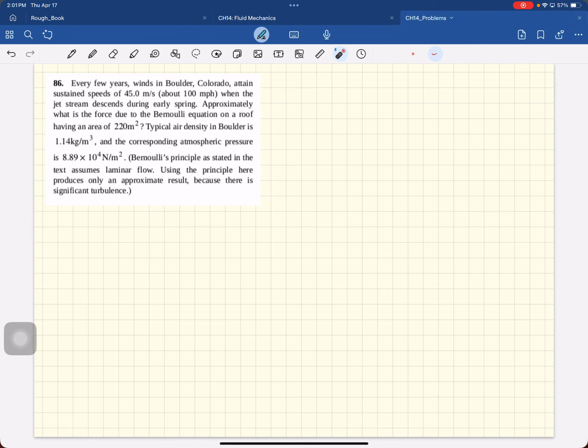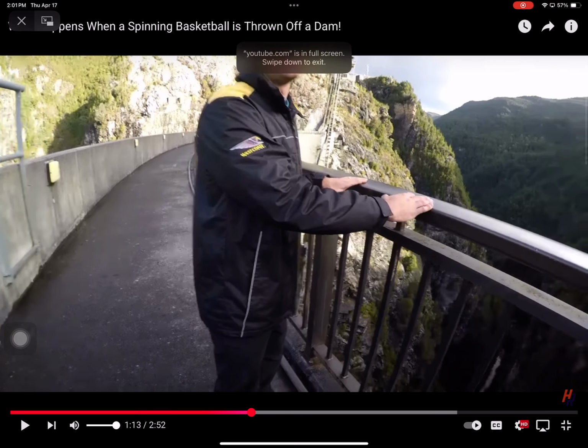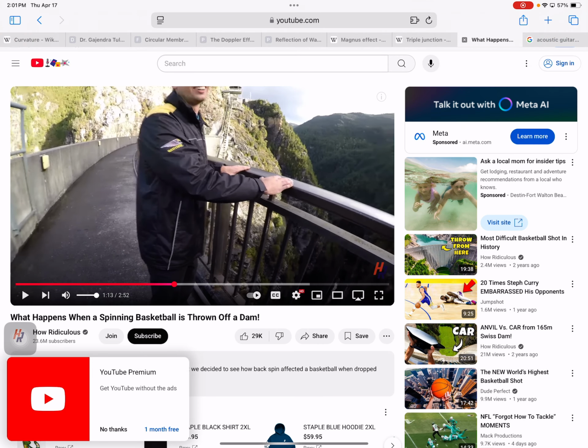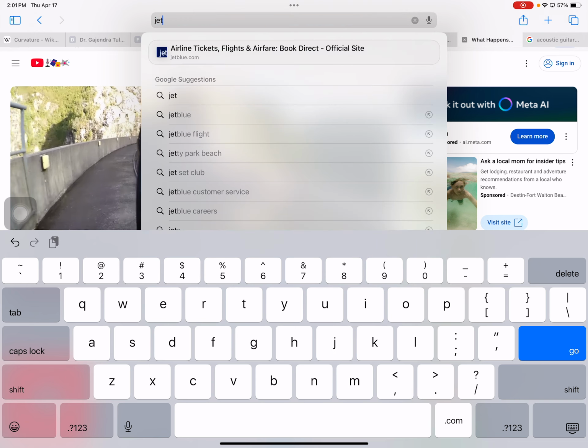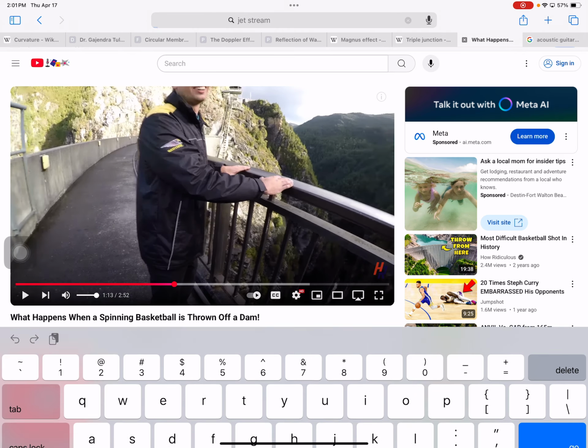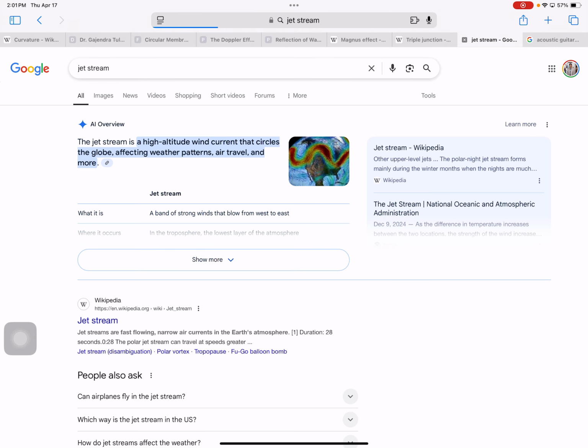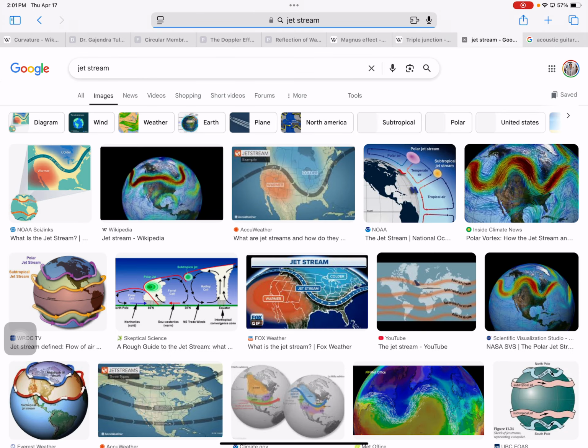Why do we care about this? Do you guys know the speed of a commercial plane? 500 miles an hour? Yeah, so it's about 600 kilometers per hour. So here's a jet stream.